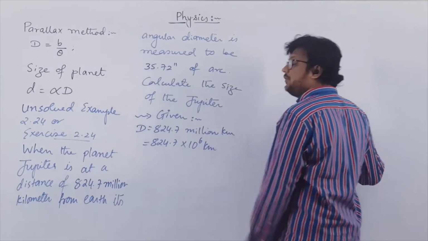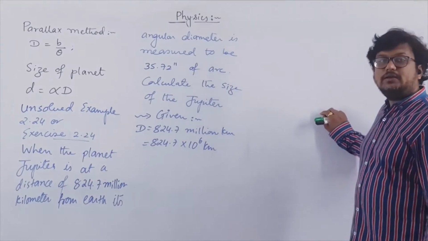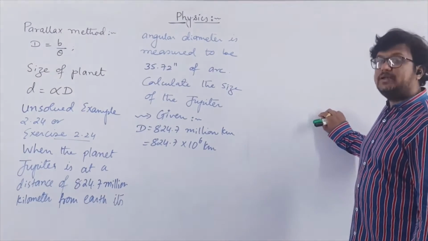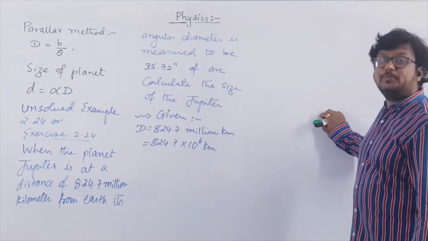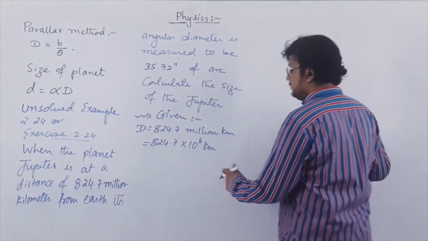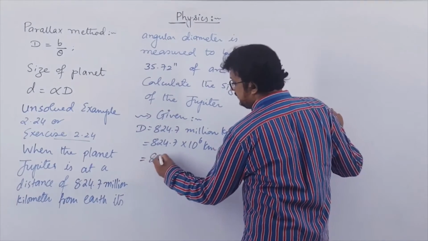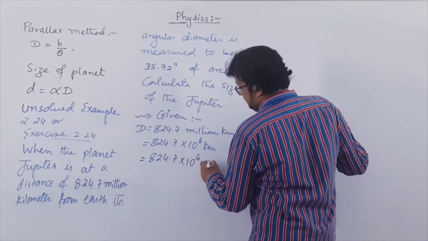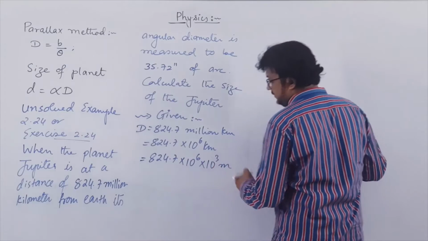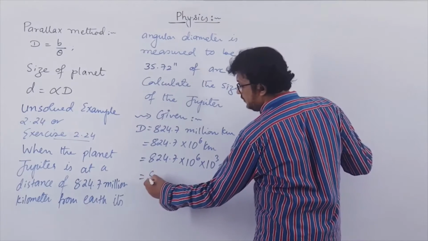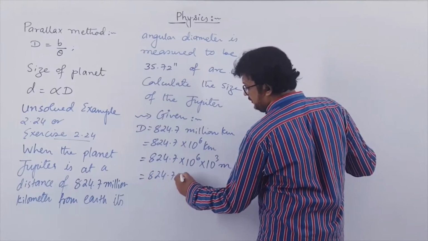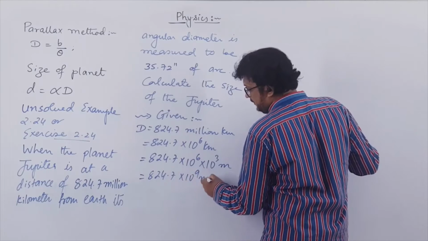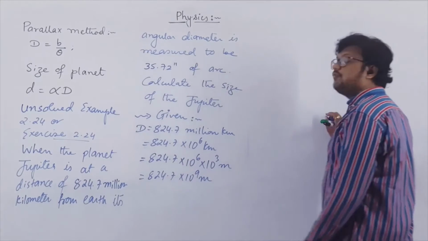The SI unit of length or distance is meter, and here it is given in kilometer, so we will convert this into meter. So this is 824.7 into 10 raised to 6 into 10 raised to 3 meter, which is equal to 824.7 into 10 raised to 9 meter. This is the distance of Jupiter from Earth.